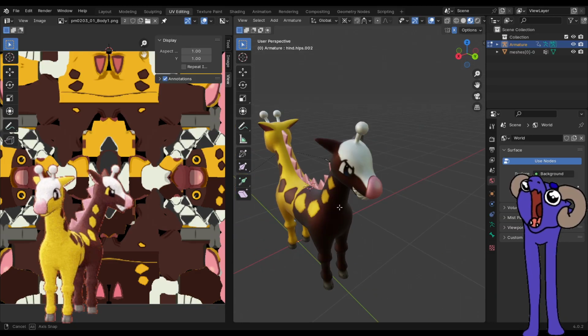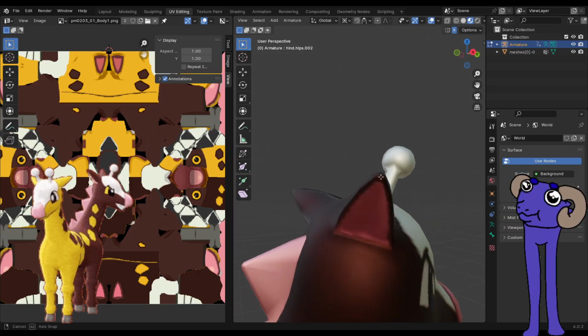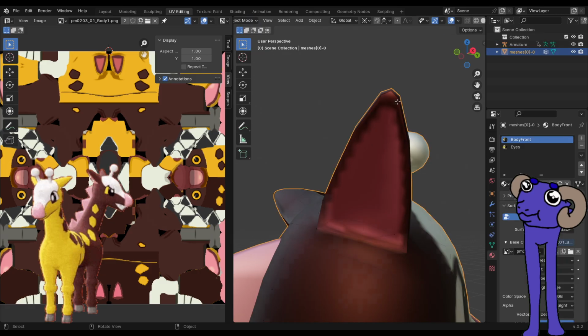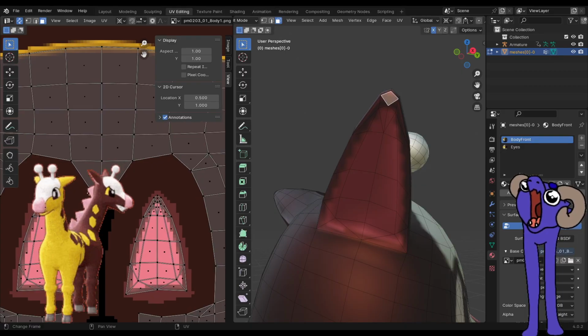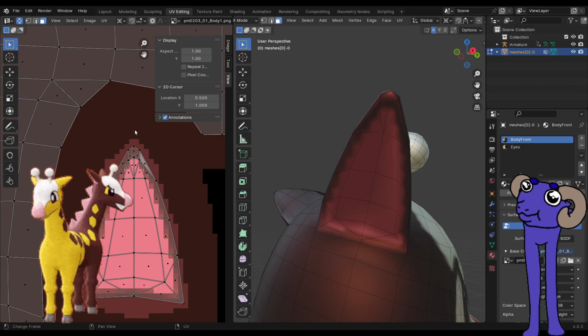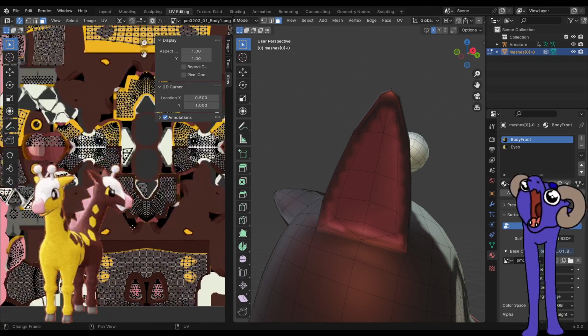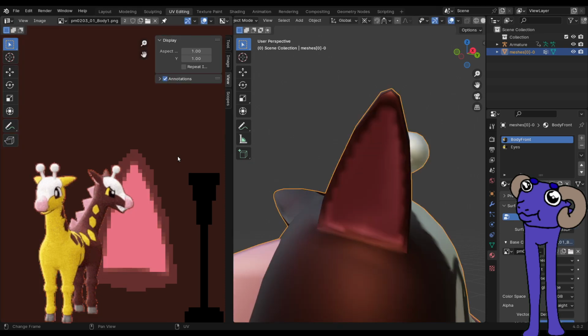Yeah, I'll take it. There's like fat verts there. That is a weird colour though. What does that look like on the other one? Pretty much the same thing. Maybe I should just make the outside of the ears the same colour as the body.